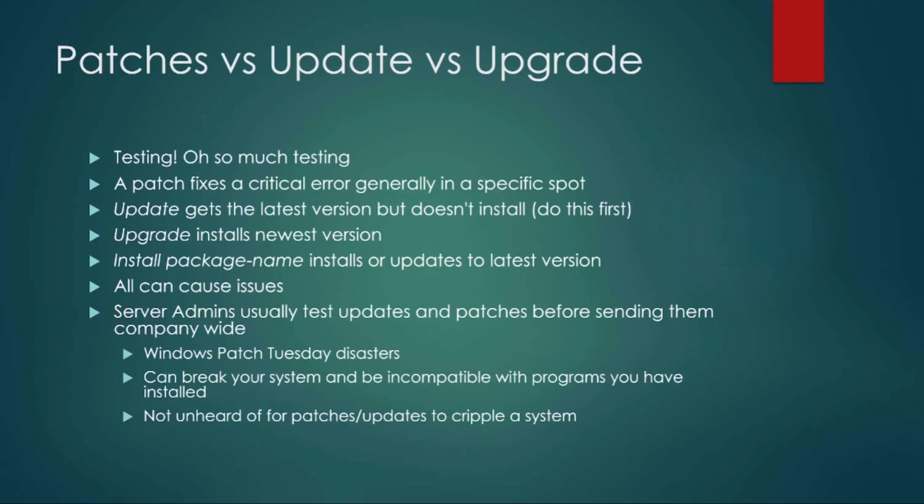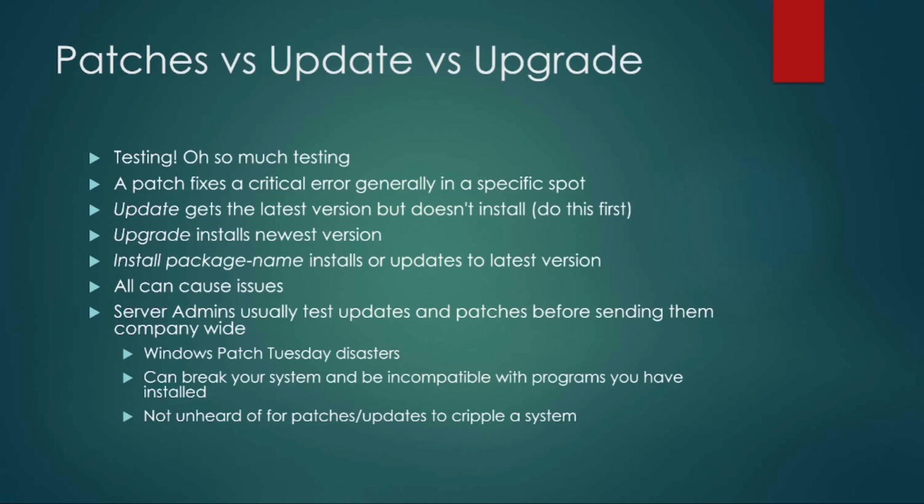A patch is specifically a way to fix a critical error. So you'll see a lot of things in the news about patching a program or patching a bug or patching a 0-day. And the idea is that we had something that went wrong, either mildly or very, very wrong, and we need to be able to make that fix really quickly.